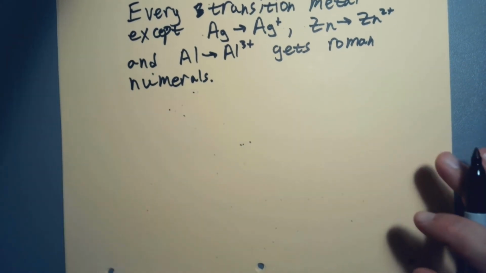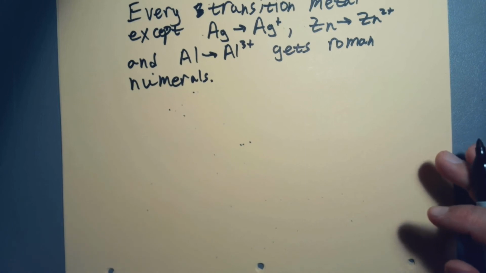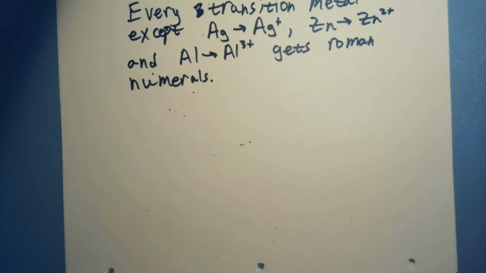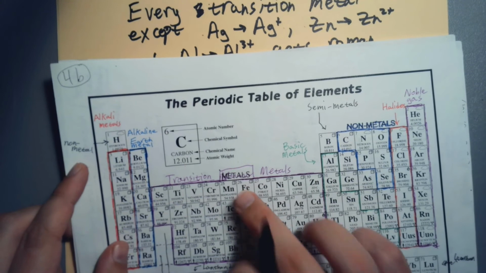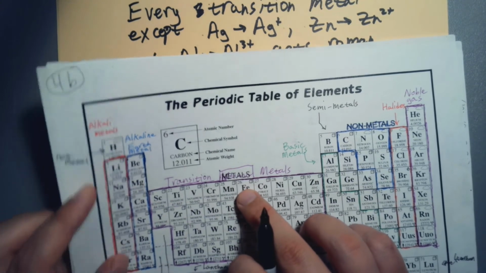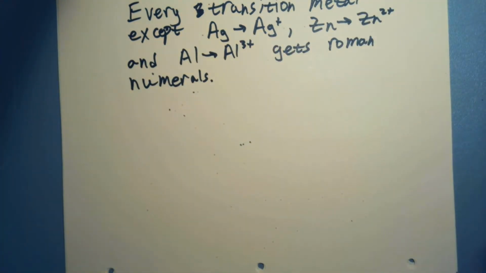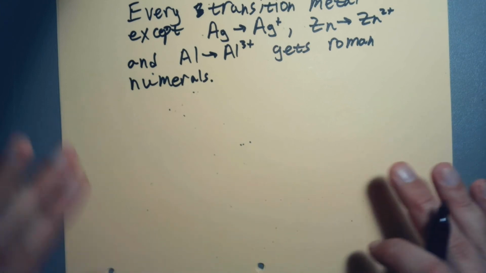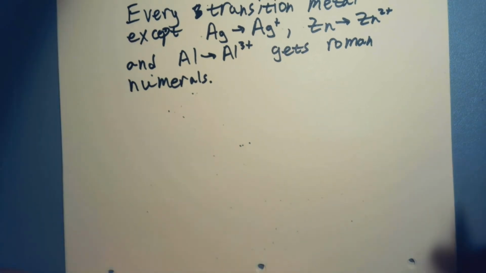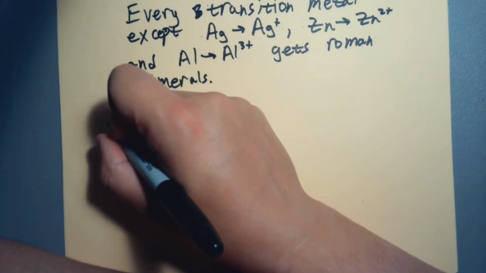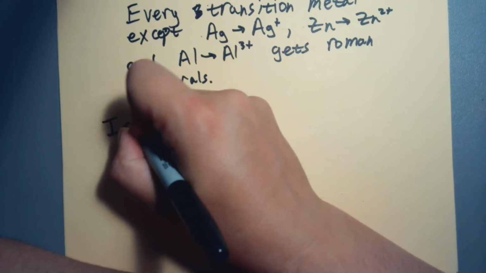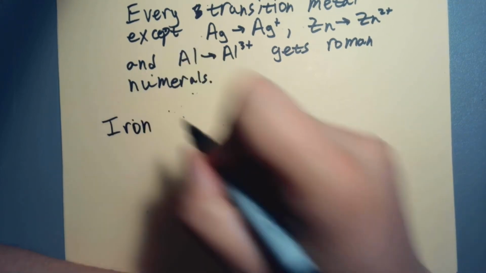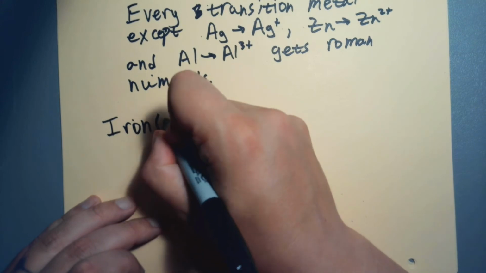Alright? So let's look at an iron compound. So iron is a transition metal, dead center in the transition metals, so the periodic table will offer us no help at all. But when it comes time to write the formula from the name, I can just say, iron 3.